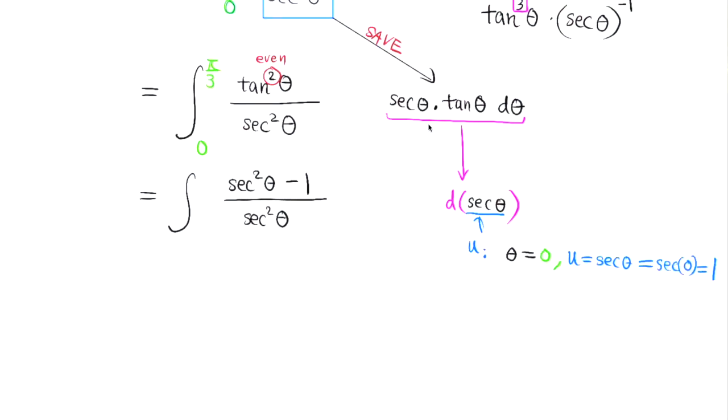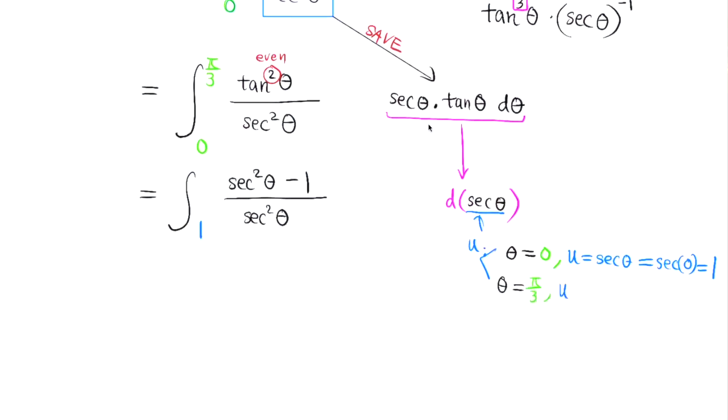So the lower limit is 1. Now what about when theta equals pi over 3? Then u is equal to secant of pi over 3, which is going to be 2. So the upper limit here is 2.